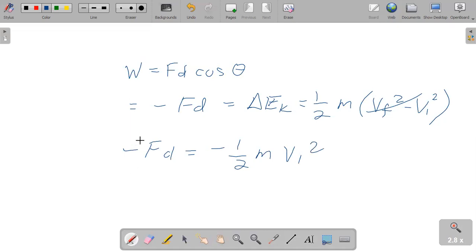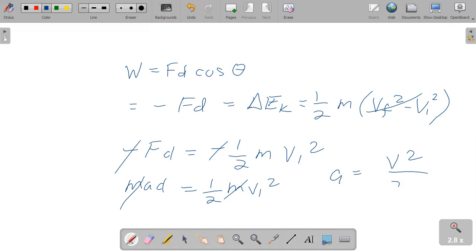All right, so I'm going to take these negatives out. So we have FD. F equals MA. MAD equals 1/2 MV initial squared. The M's can go. So acceleration equals V squared over 2D, right? Yeah. All right.